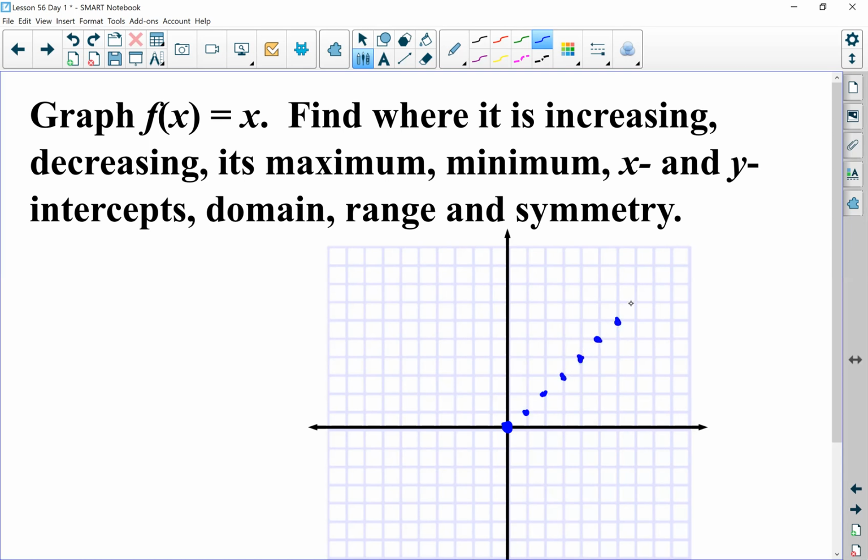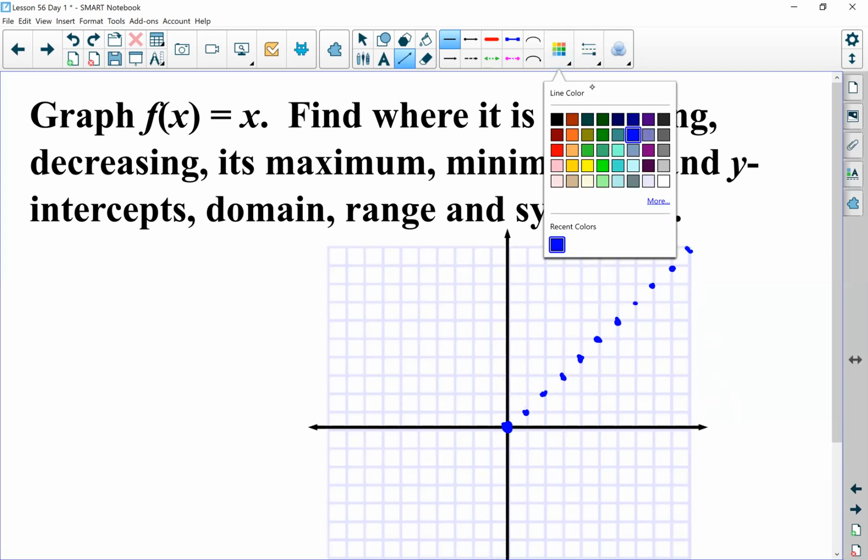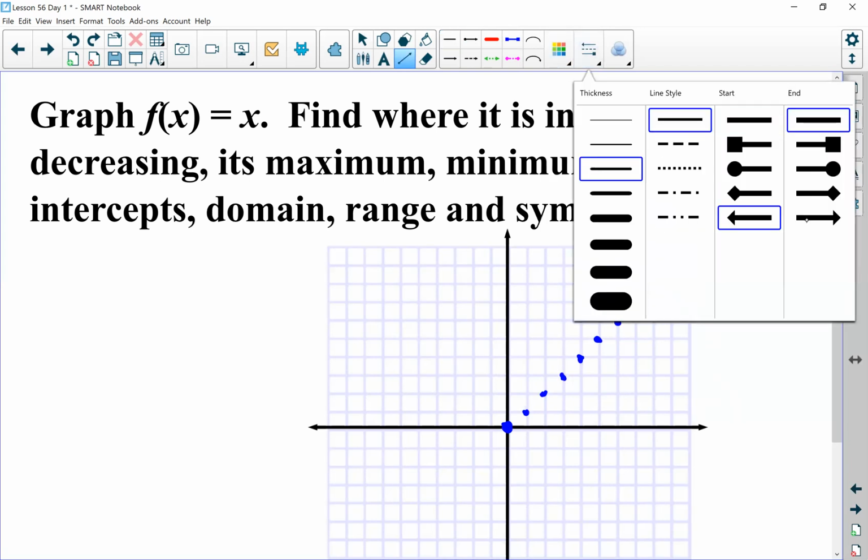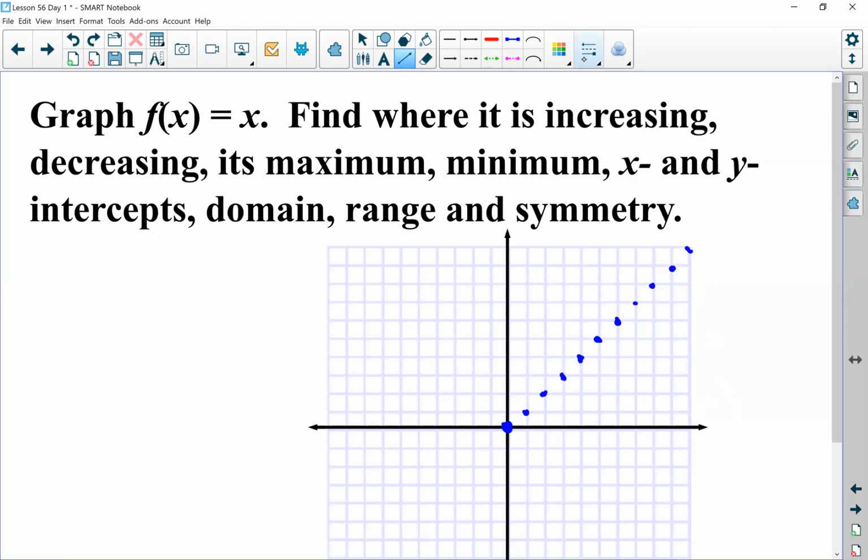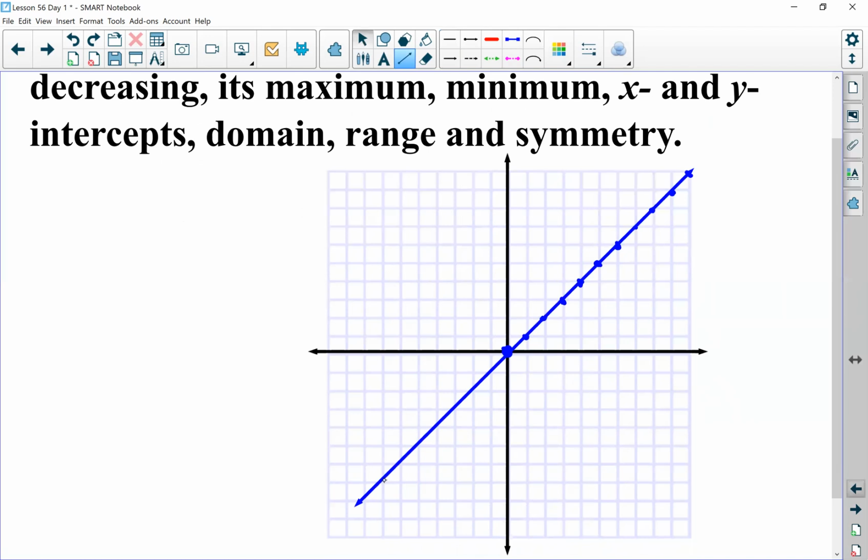So if you didn't know that, you know it now. And so I can draw that graph. And there we have it.